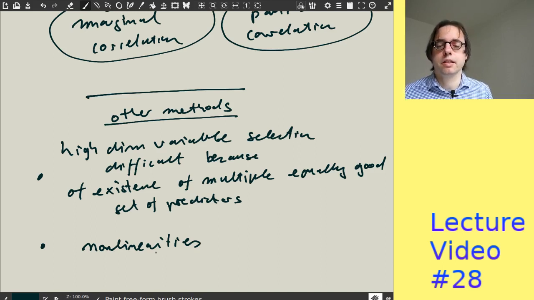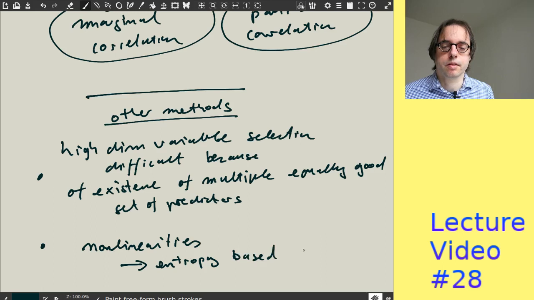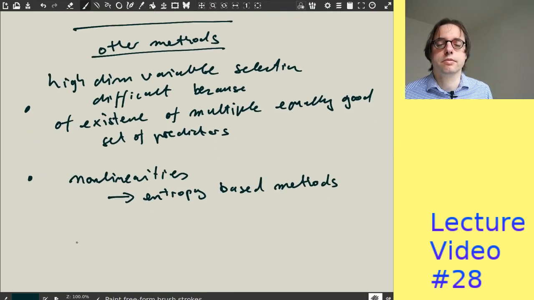I mentioned many times in this course, and I actually started this course, with entropy and relative entropy. So one way to overcome this is using entropy-based models and methods. One generalization of correlation, so for instance, you can generalize correlation, and then it becomes something called mutual information.